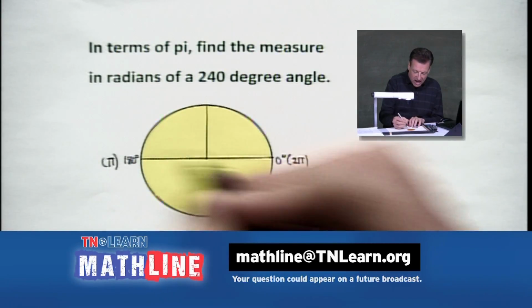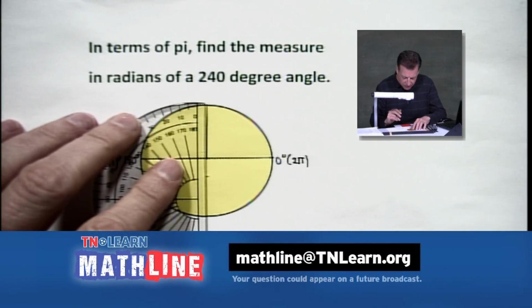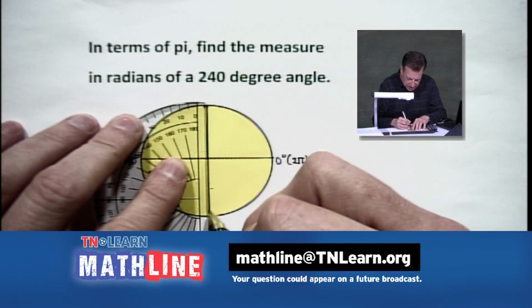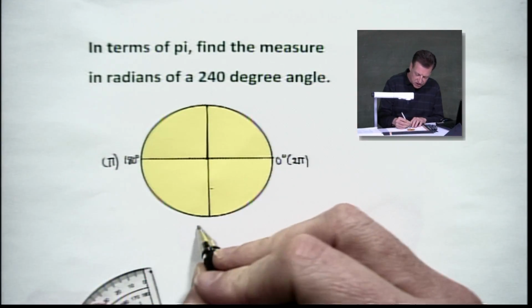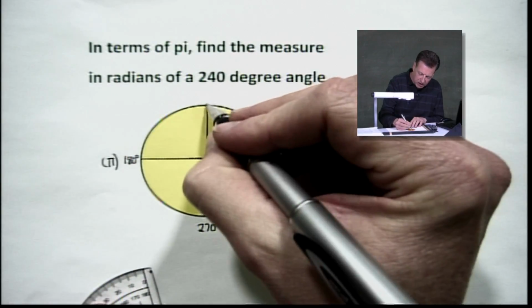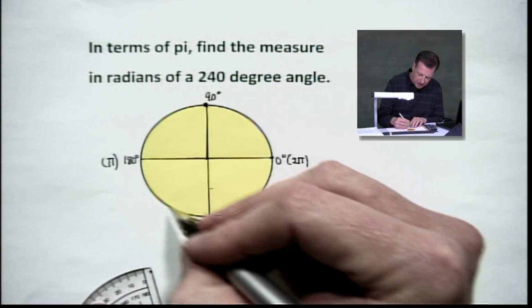So over here, if we're halfway there, we're at pi. But we're going to go a little bit further. Now you say, Ernie, how far would we be if we made it all the way down there and made another right angle? Let's draw this one in there. We would be at 270 degrees, because we would start here. By the way, up here we are at 90, and we would just keep moving on around.